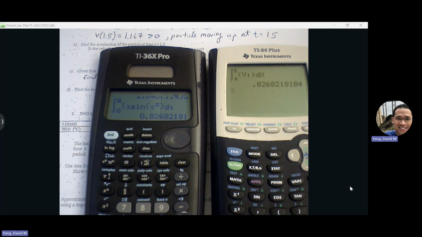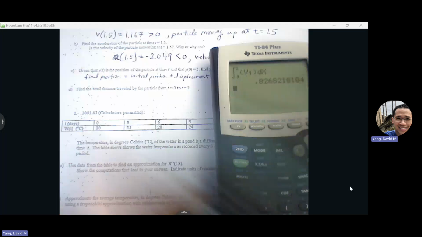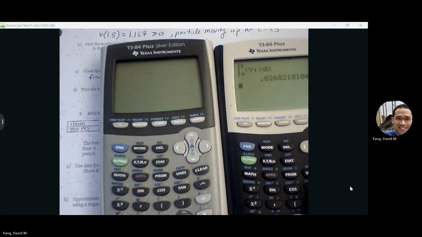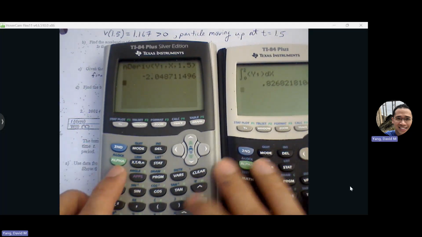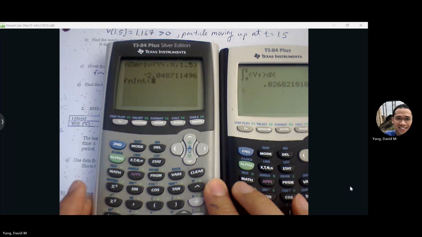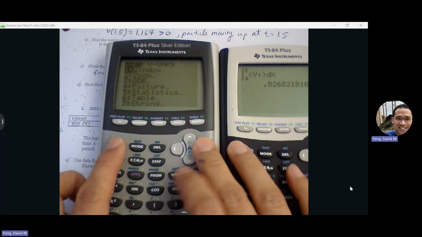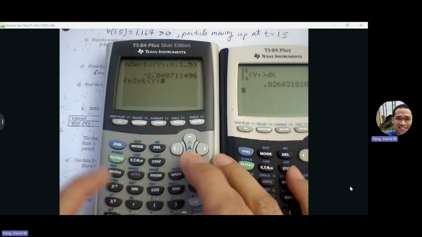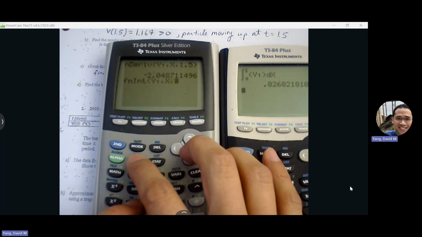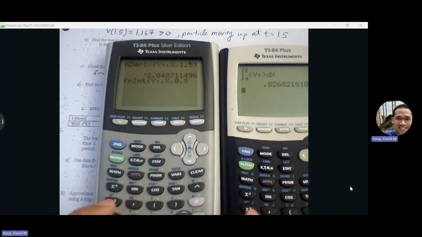In this case, my lower bound to upper bound is from 0 to 2. So in the calculator, it will look something like this. You'll do Math 9, again y1, so Vars, Y-Vars, y1, comma x, comma 0, comma 2.